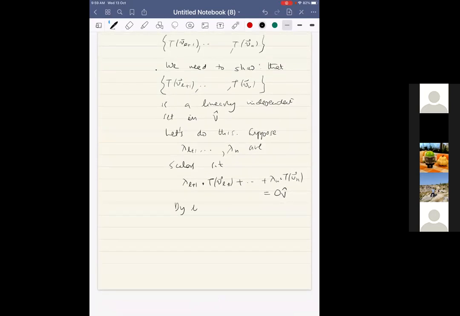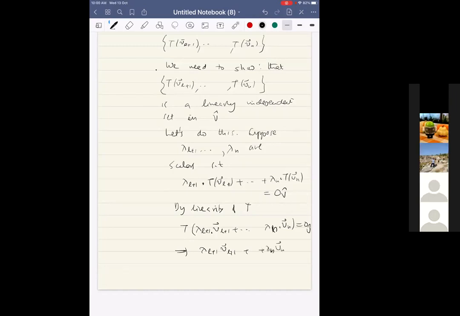By linearity of T, this is T of lambda L plus 1 V L plus 1 plus lambda n V n is 0 in V hat. This implies lambda L plus 1 V L plus 1 plus lambda n V n belongs to the kernel of T.